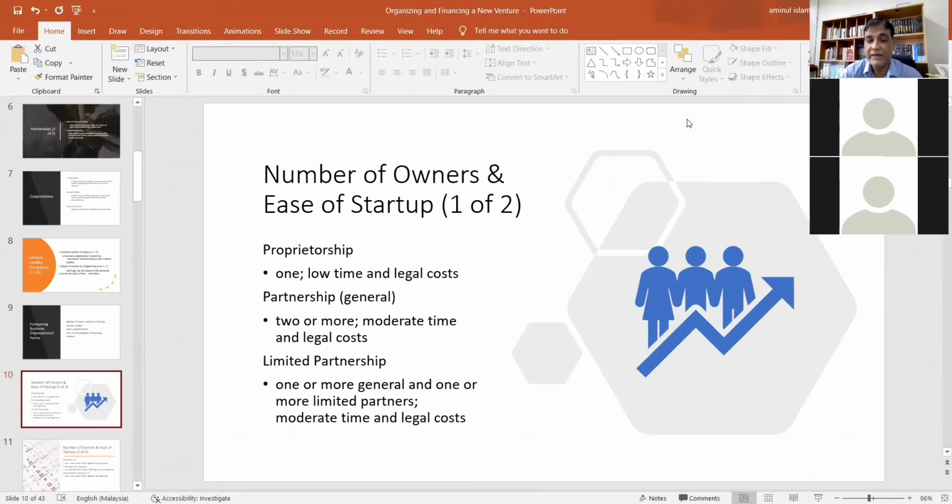It takes a bit more time than the sole proprietorship, and even the cost is a bit more. And when we have limited partnership, we have one or more general and one or more limited partners. So you have a limited number of partners here, and here also it takes moderate time to start and moderate legal costs.